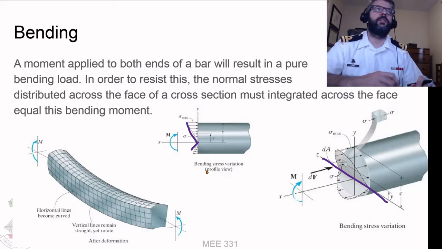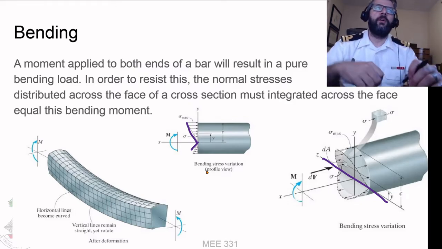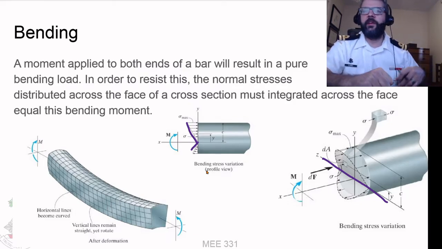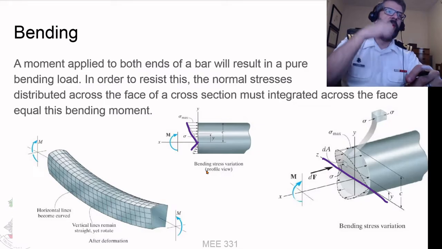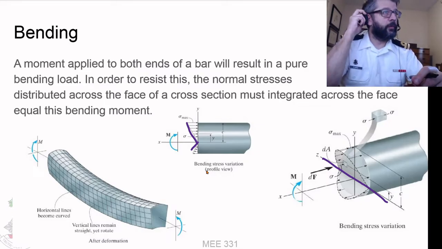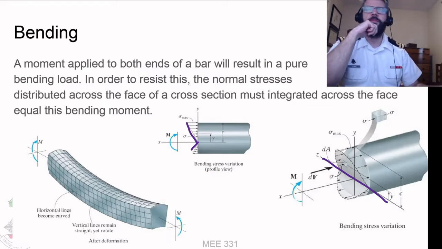And then the stresses increase and decrease as you get away from that. So the further away from that line, you're either going to have more positive stress or more negative stress, more compression or more tension.